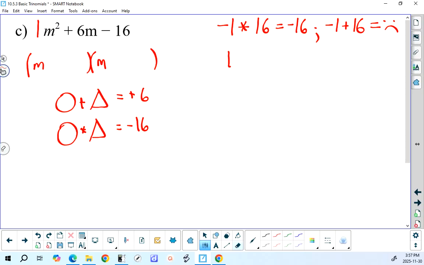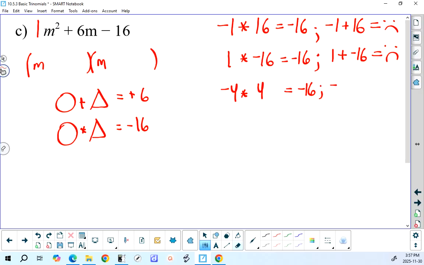You don't need to do every one. I think most of you will understand that this is going to be a dead end by just switching the negatives. If I try 1 plus negative 16, that's not going to give me what I want. You can try negative 4 times 4. That gives you negative 16.